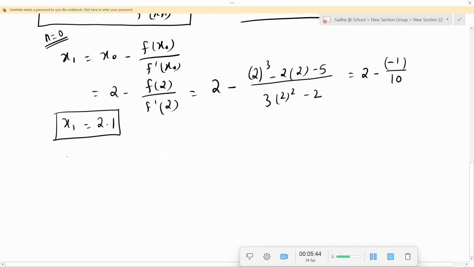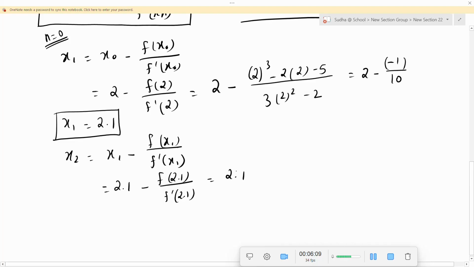Next, if we put n equal to 1, then we'll get the formula x2 equal to x1 minus f of x1 divided by f dash of x1. The x1 value here is 2.1, so 2.1 minus f of 2.1 divided by f dash of 2.1.